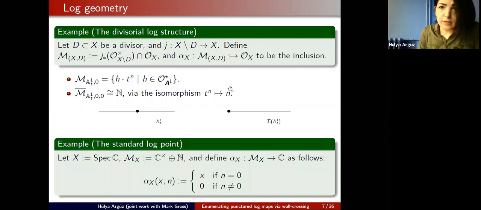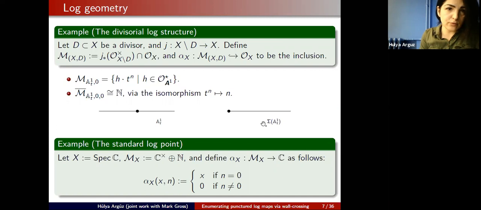So the basic and most important example of a log structure is the divisorial log structure you define whenever you have a divisor D and its complement is included in X by a map j. You define your sheaf of regular functions which are invertible away from D, and this describes your log structure. There's a natural inclusion map from M_X to O_X.